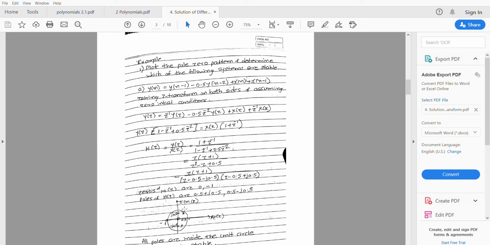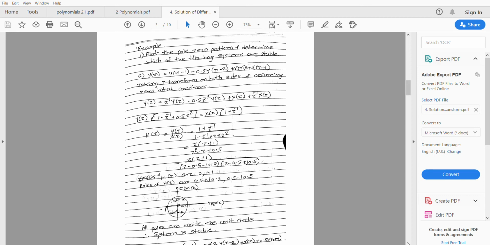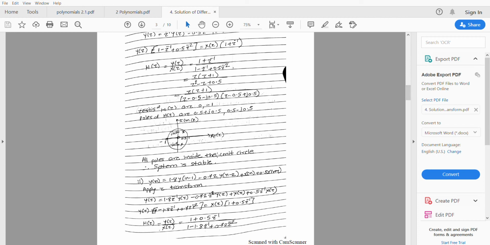In the same way, the next pole is 0.5 minus j 0.5, in the lower part of the imaginary axis because of minus j 0.5. At the center, z is equal to 0 and z is equal to minus 1 are the zeros. All these poles, because of 0.5, are inside the unit circle, hence this system is stable.